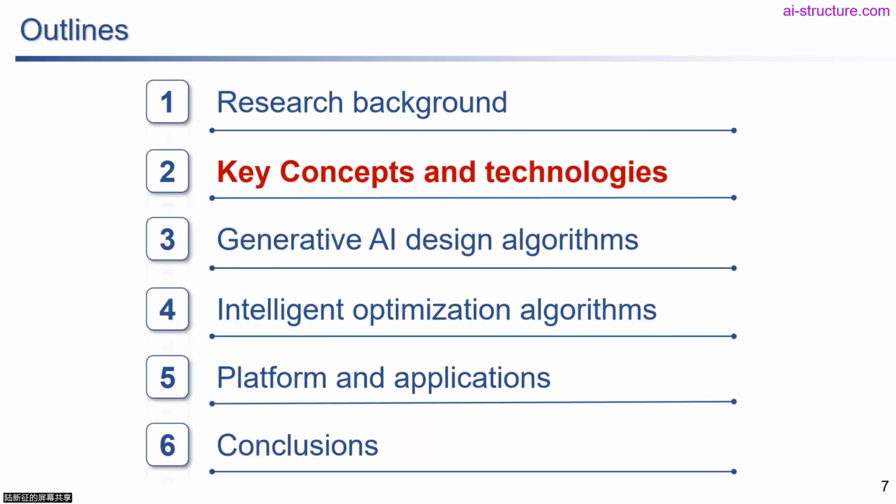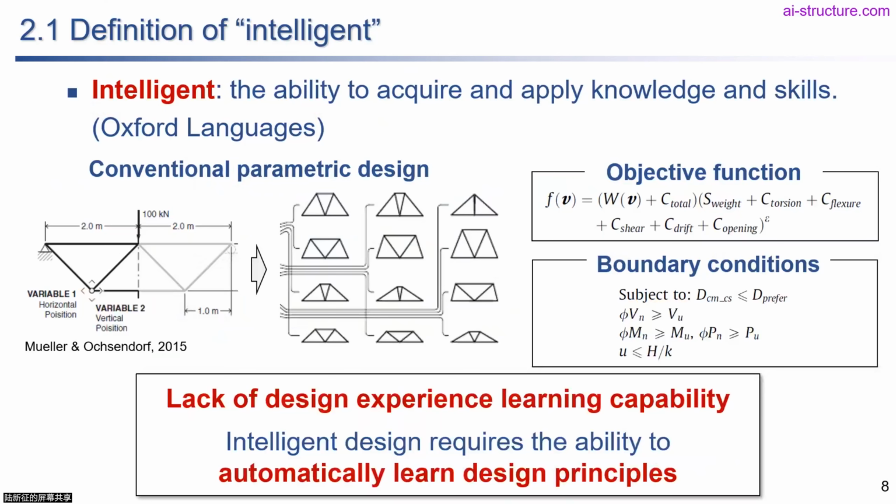The second part is about the key concepts and technology. Firstly, what is the meaning of intelligence? I like the idea in the Oxford language definition that the importance of intelligence is that we can let the computer learn something, or people learn something.